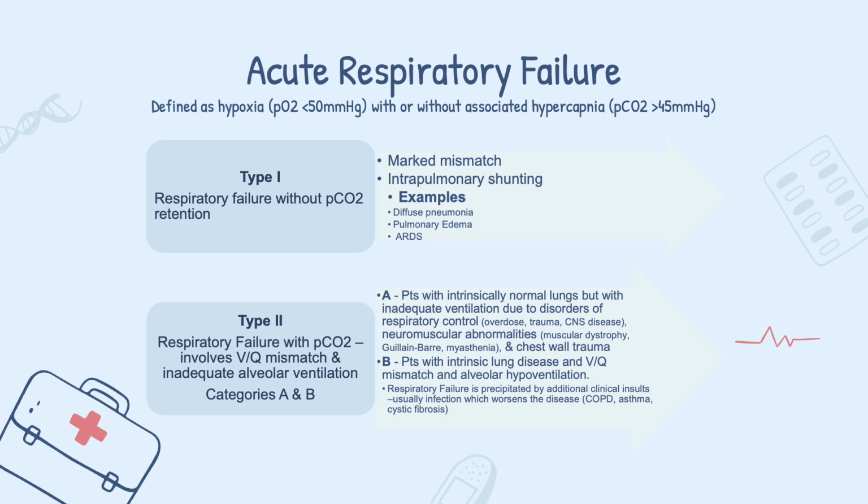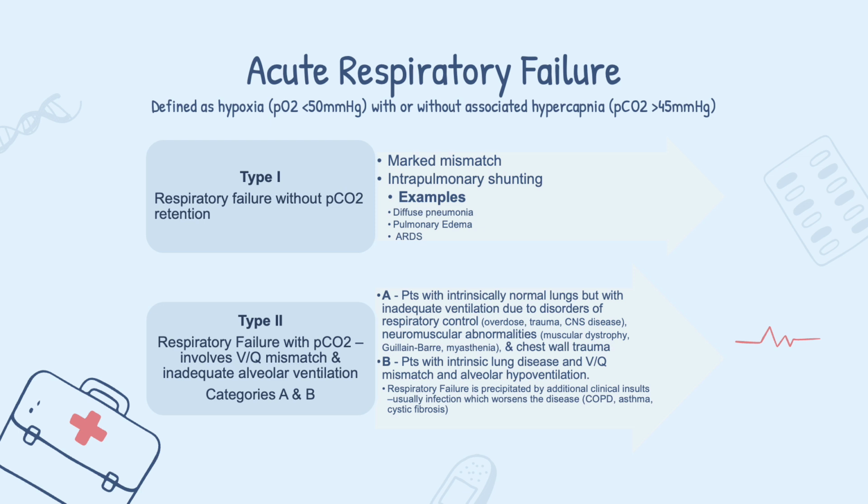And then type B, so those are patients with some kind of an intrinsic lung disease as well as the VQ mismatch and alveolar hypoventilation. So these are patients in respiratory failure that's caused by an additional clinical insult. So think about infection, which tends to worsen the disease.